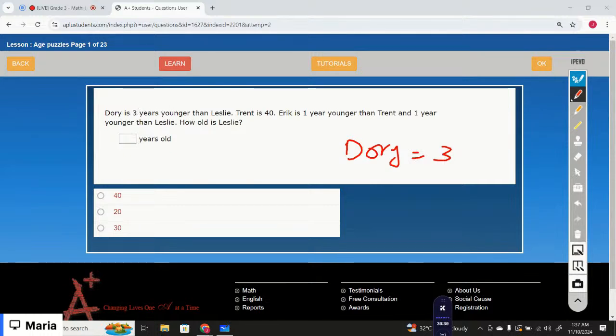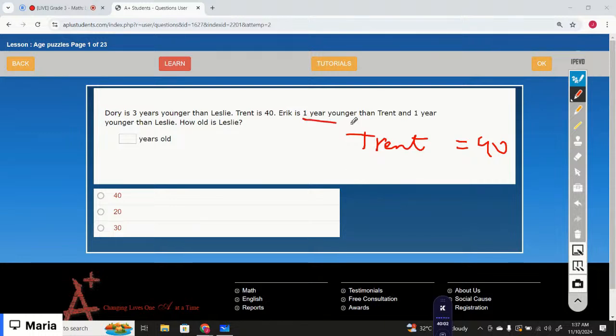Dory is 3 years younger than Leslie, but you don't know the age of Leslie, right? Trent is 40. You know the age of Trent, that is 40. Eric is 1 year younger than Trent. Let's just find the age of Eric.